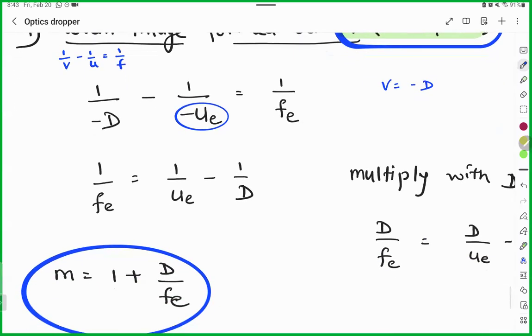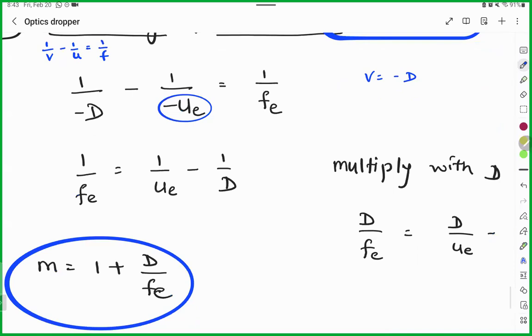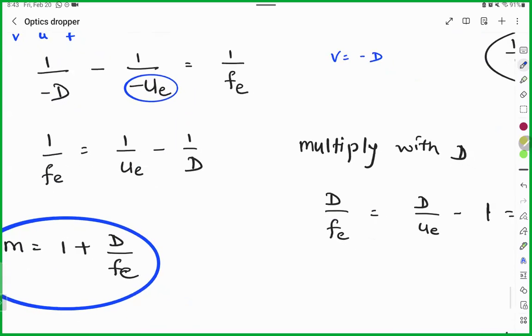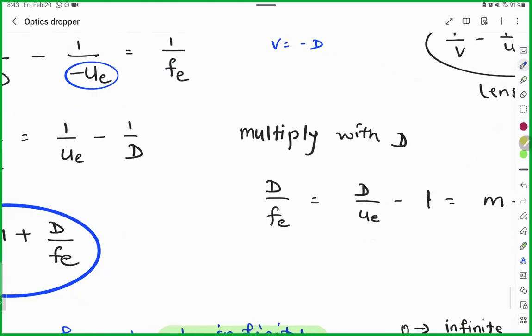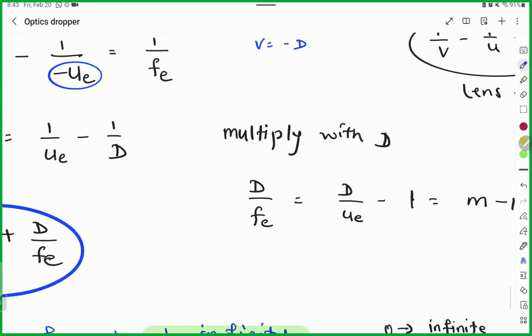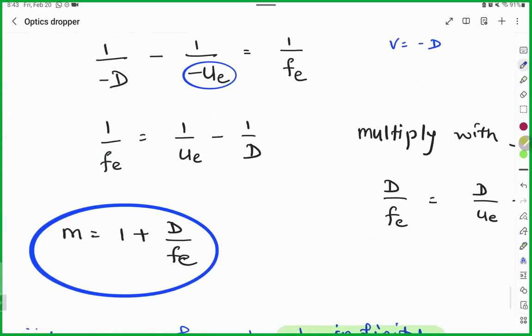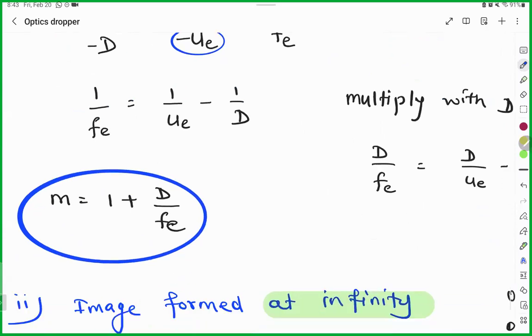By this, if you put in the values and multiply with D, D by FE will be equal to M minus 1, or M will be equal to 1 plus D by FE at the near point, when the image is formed at D, because you know the D value is 25 centimeters.